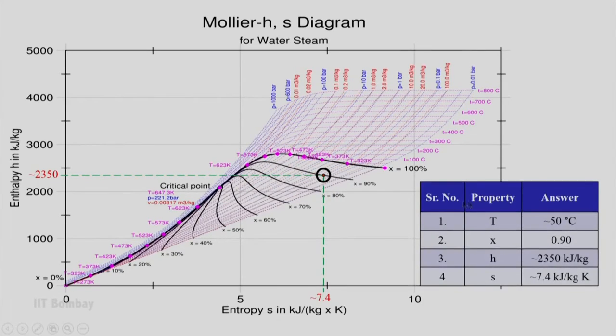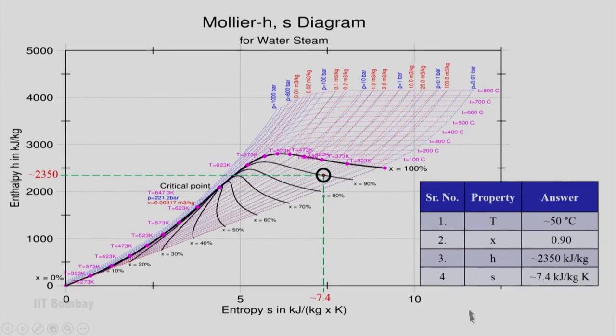So, the properties are T equal to 50 degree centigrade, x equal to 0.9, enthalpy H equal to 2350 kilojoule per kg, and S equal to 7.4 kilojoule per kg Kelvin. Similarly, one can find other values like specific volume, etc.